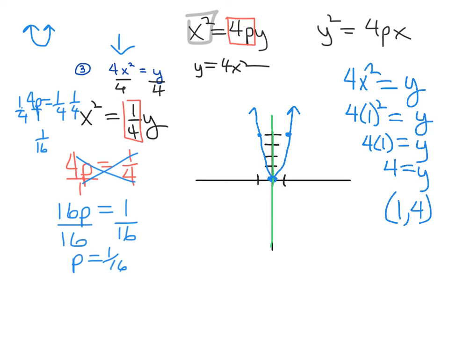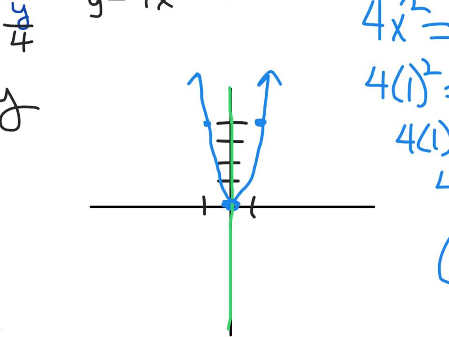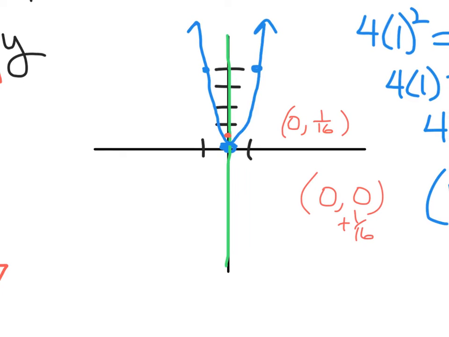I now need to find the focus point and the directrix. Again, the focus point will be 1/16 away from the vertex. Again, it's kind of hard to graph 1/16, so you could just put it slightly above and say that that focus point is the ordered pair (1, 1/16), because you're taking the vertex and adding the p-value to the y because you're moving it up, and that's how you get that new focus point here.